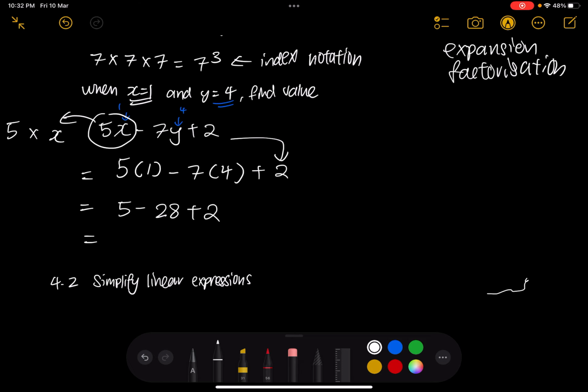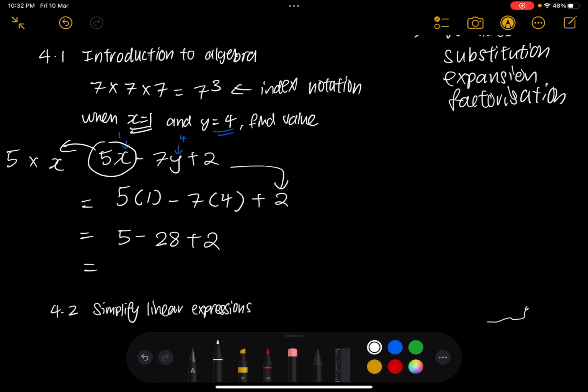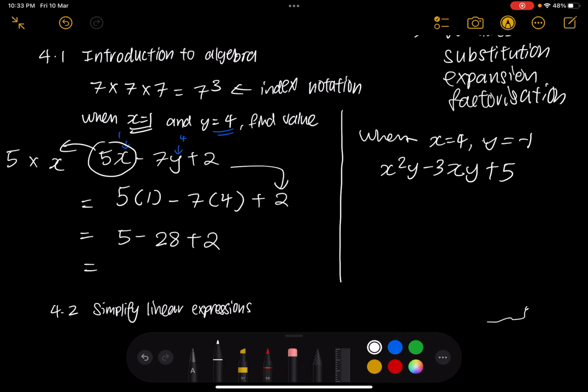Now let me give you another example. When x is 4 and y equals minus 1, find the value of this thing. Wow, looks complicated, right? But it's not, just copy only. When my x is 4, this is 4. When my y is minus 1, this is minus 1.